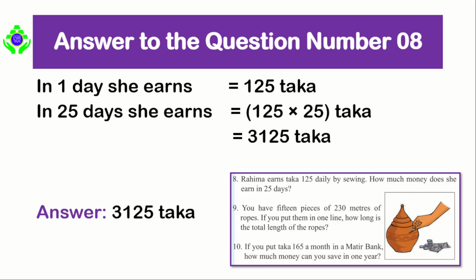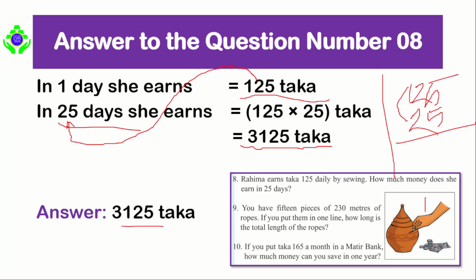If I try to solve this question, it should be like this. In one day, she earns 125 taka. So in 25 days, this 125 should be multiplied with this 25. So 125 into 25 is 3,125 taka. That's very simple and it's the answer.